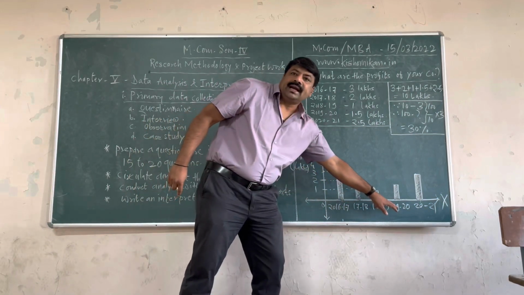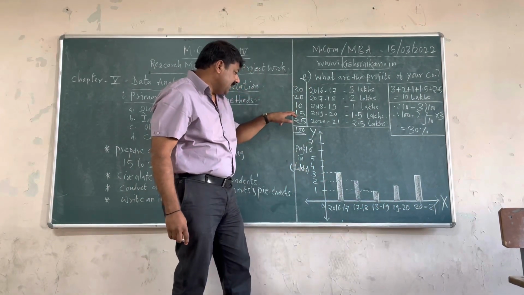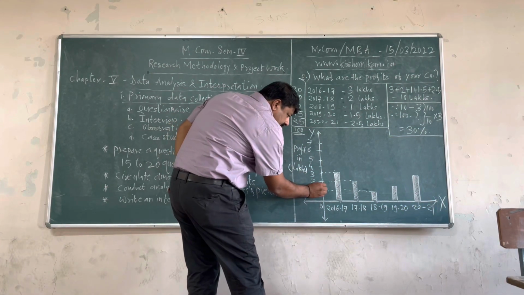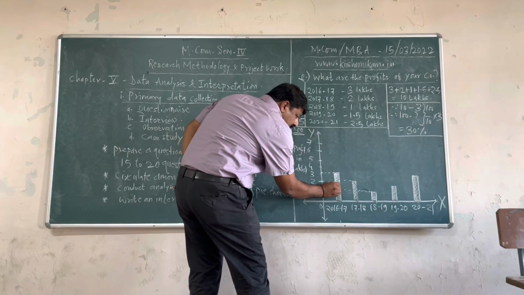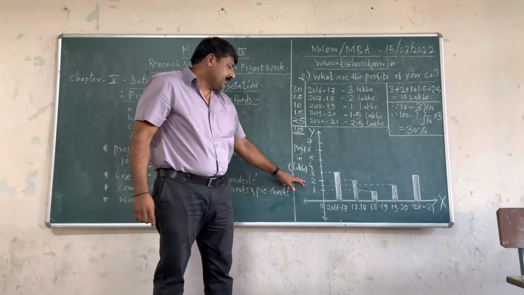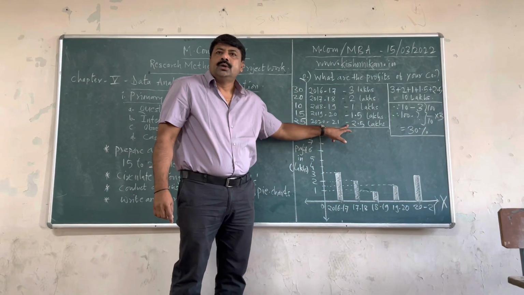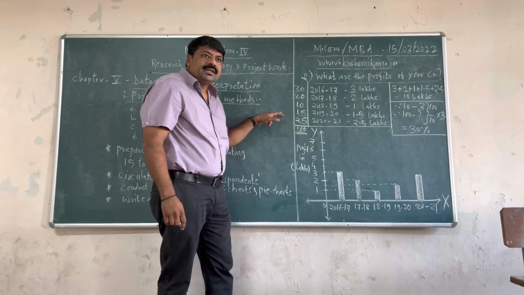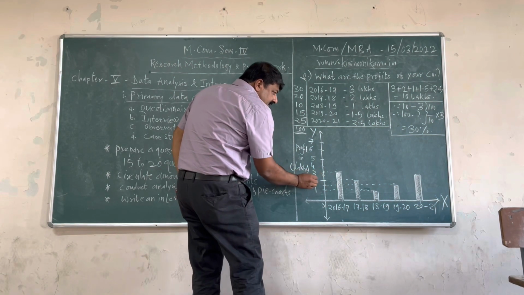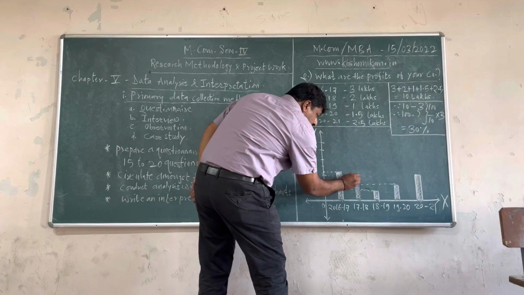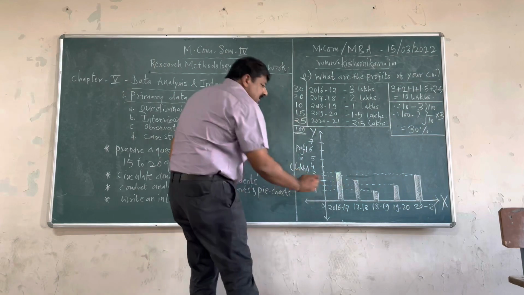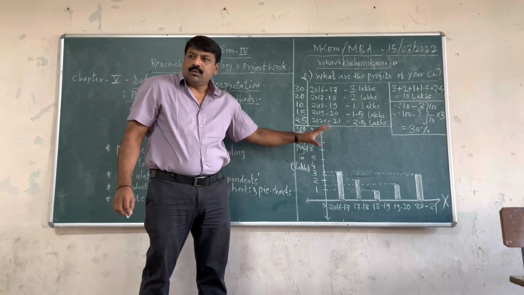Then 1.5 for 19-20. So 15% I have to calculate here. 15 is between 10 and 20. I have taken this bar for 15%. Same way for the last year, how much is it? 2.5, means 25% out of 100. So 25 is between 20 and 30. Here it comes to this point. This way I have drafted a chart for 25%. Is that clear? I hope it is understood.